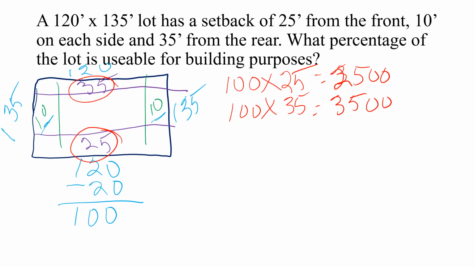Okay, then we take our 135 times 10, but we need to do it twice, right? 135 times 10 times 2 is 2,700.